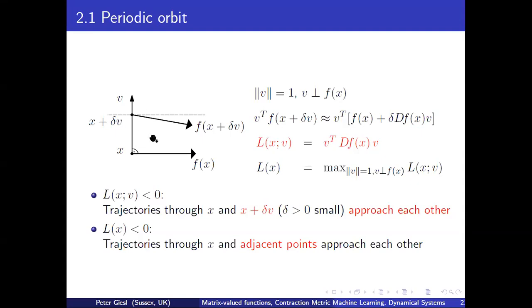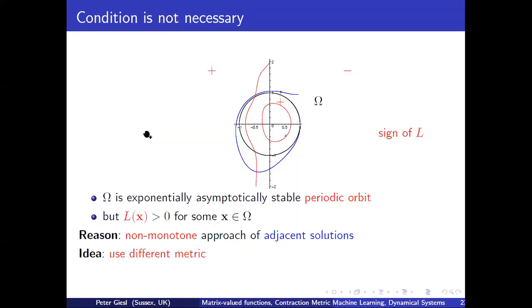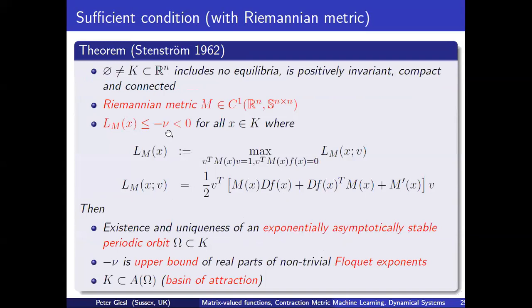So that's here. We'll generalize this to a general Riemannian metric. So the new elements are just in red here. K has the same properties here, but the function L here is now dependent on the metric M. So you can see this, first of all, here.